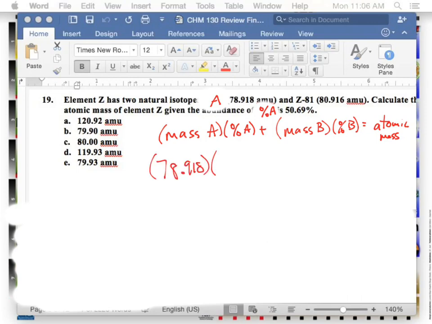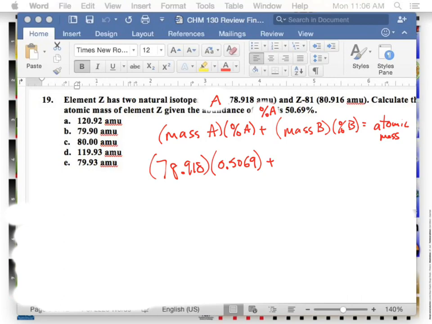The percent, this is where we've got to be a little bit careful. When we put it into this formula, we need to be using decimals or the fraction, 0.569. So up to you how you want to do it. I'll show you a couple ways. So there's the first one. We can put it in, it's just the decimal. You did the math in your head. I don't recommend that, but that's okay.